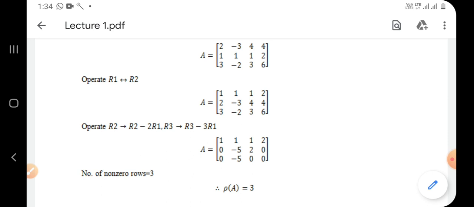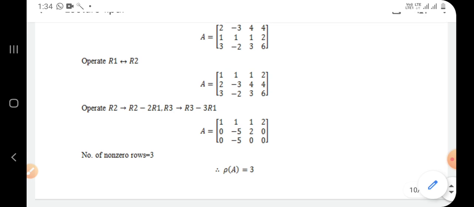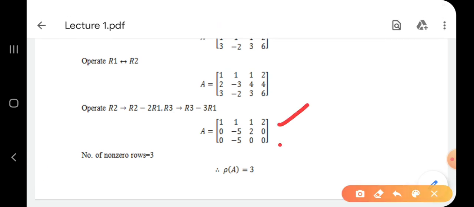But you can check here, all 3 rows are important for us. We require all 3 rows, so the rank of the matrix is 3. We just count the non-zero rows. How many non-zero rows are here? First is non-zero, second is non-zero, third is non-zero. Non-zero means at least one entry is present, not all 0, 0, 0, 0. Here minus 5 is present, so the rank of this matrix is 3.